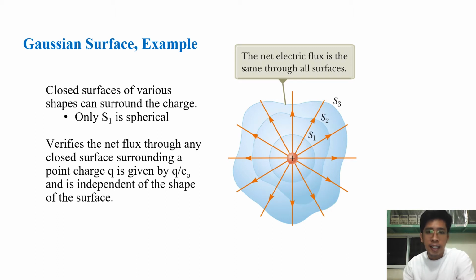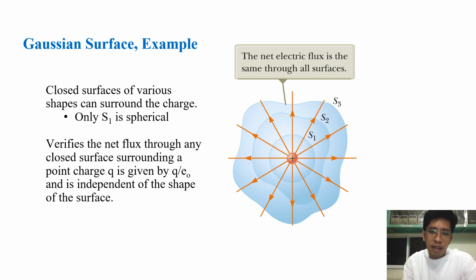Here you see that only S1 is spherical, and S2 is another irregular shape, while S3 is also another one. But from this case, for your S1, S2, and S3, you know now that the flux is the same for the three surfaces. It verifies that the net flux through any closed surface surrounding a point charge Q is given by just Q over epsilon naught, and this is independent of the shape of the surface.